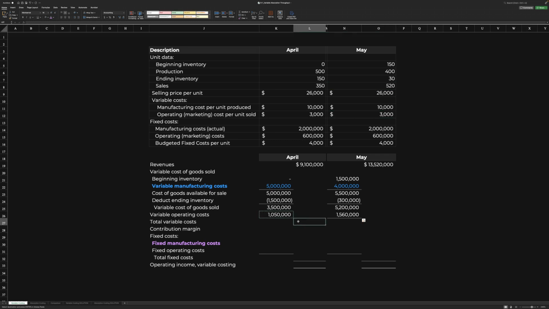That means our total variable costs for the month of April is 4,550,000. If I do the same for May, 6,760,000. We can now calculate the contribution margin.